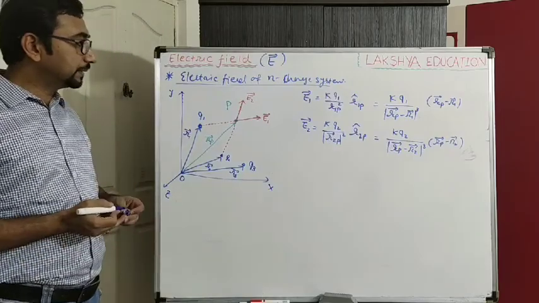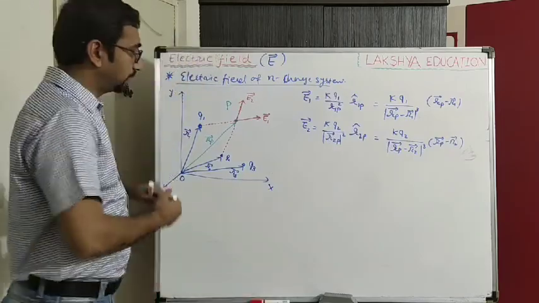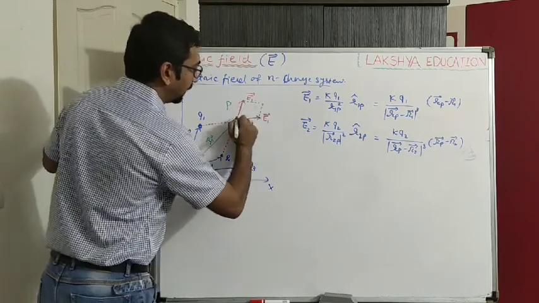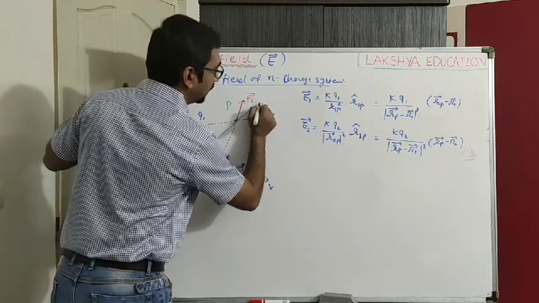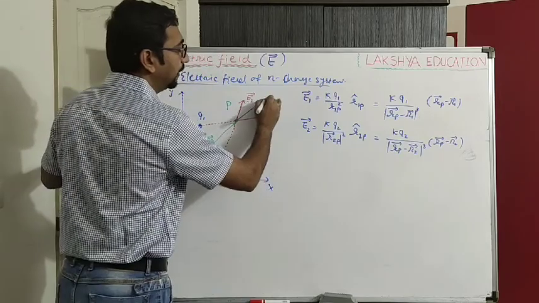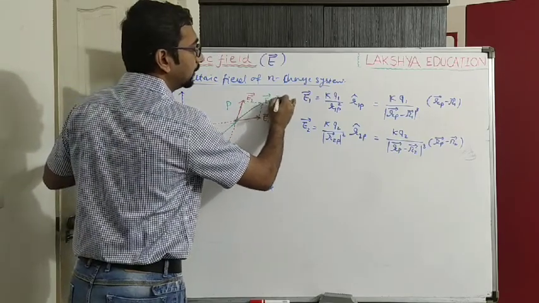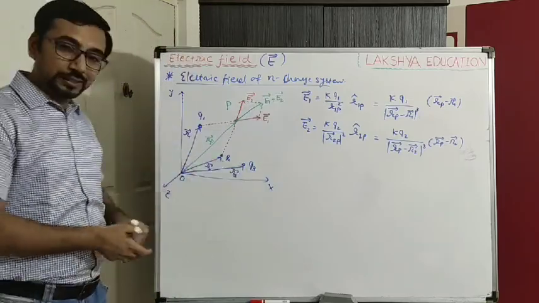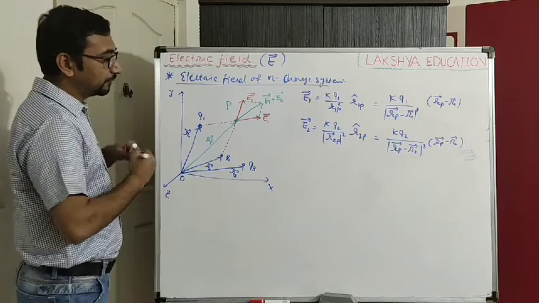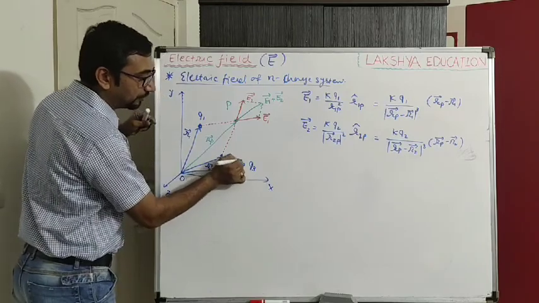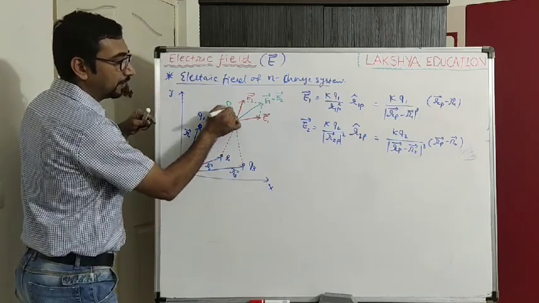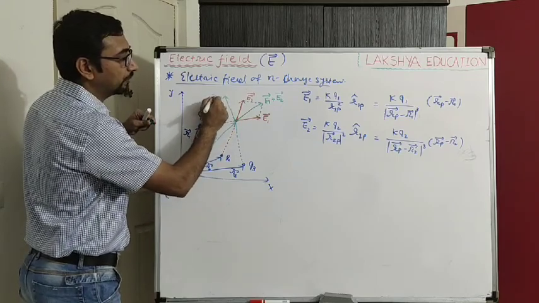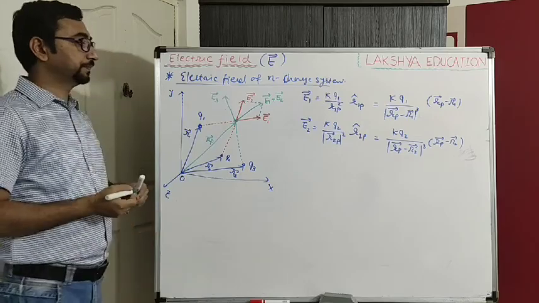Now what will be the resultant of these two? That resultant we get by the parallelogram method. Suppose this is E1 plus E2. Now we have one more charge, and that will also produce an electric field here, and this electric field will be in this direction. This is the direction of the E3 vector.